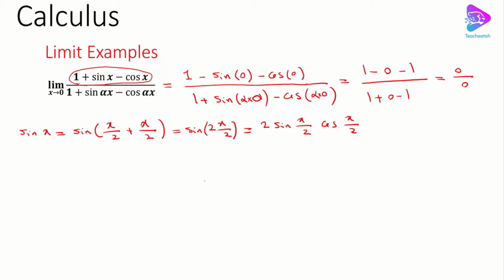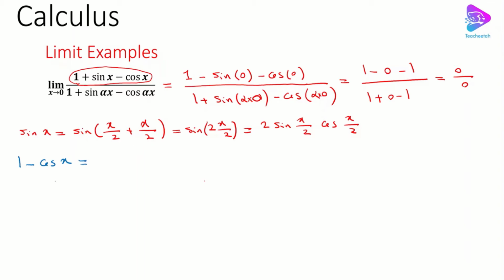The other component that we have here is 1 minus cos x. We can use the double angle or half angle identities.